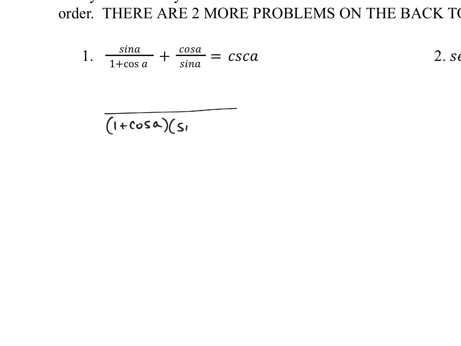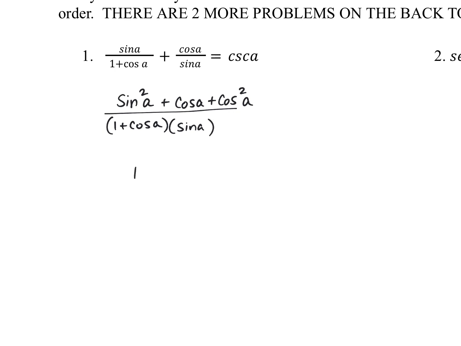And the way I'm going to do that is I'm going to multiply the left-hand expression by sine A over sine A, and the right-hand expression by 1 plus cosine A divided by 1 plus cosine A. So in my numerator on the left, I will have sine squared A, and then in my numerator on the right, I'm going to have cosine A plus cosine squared A. Hopefully by now, those sine squared and cosine squared ring a bell a little bit, that's a Pythagorean identity.